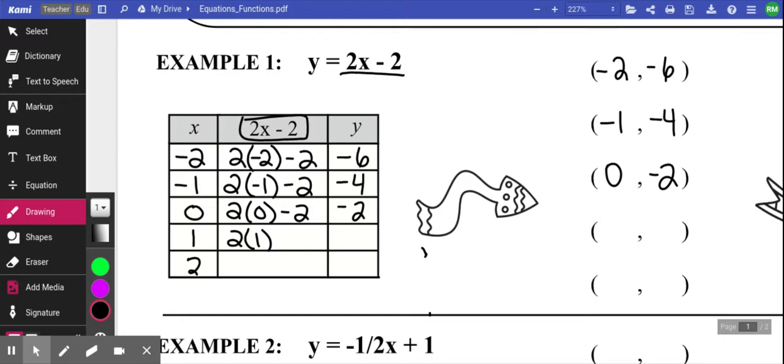What's 2 times 1? 2 minus 2. What's 2 minus 2? 0. 2 times 2. What's 2 times 2? 4. 4 minus 2? 2.